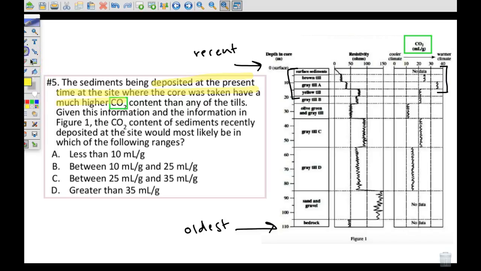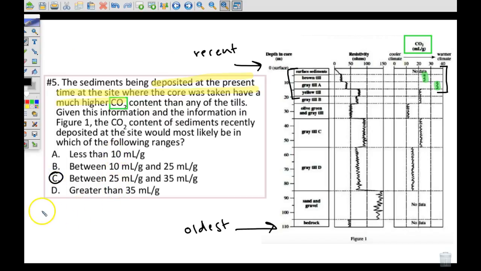So looking at the CO2, which is over on the very far right, I'm going to see that there's no data for surface sediments. I have about 25 milliliters per gram of carbon dioxide in the brown till and about 35 milliliters per gram in the third level, which is the gray till A. So just looking at the very first few pieces of data, I can say that C is the correct answer for number 5.